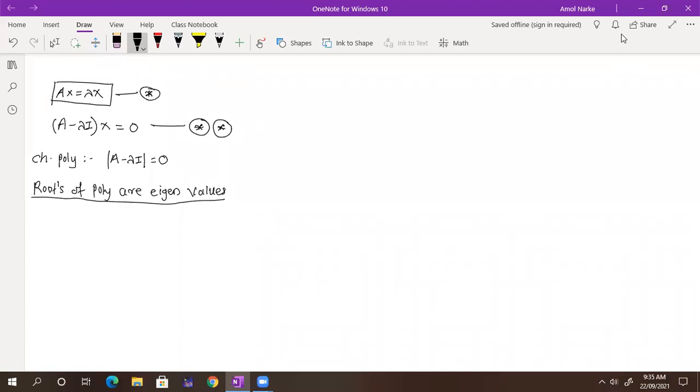So this is what you have for the eigenvalues and eigenvector. So let's see some examples. Before starting with the example, let's write down the remark. Write down everyone with me. So let A be a 3 cross 3 matrix.